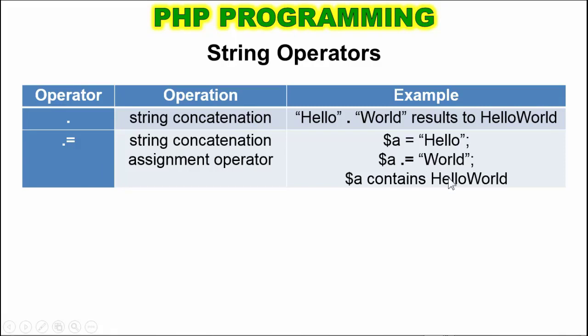For instance, there is a variable $A declared, initialized to the string hello, and we want to use this shortcut assignment statement $A .= the string world. Therefore, the result of this concatenation will now be hello world. This $A contains hello world.